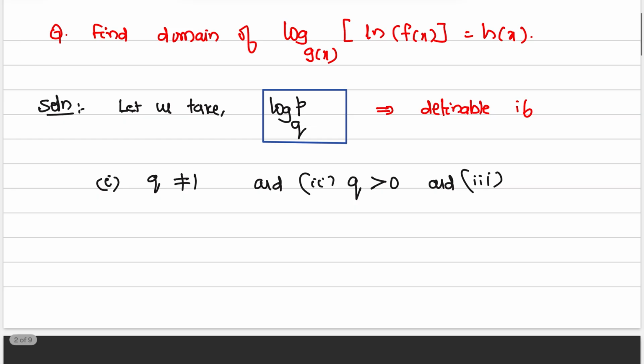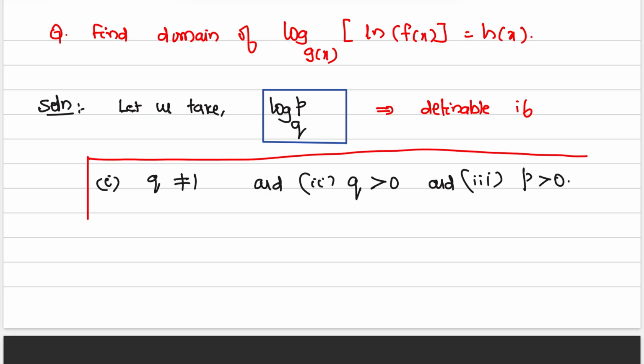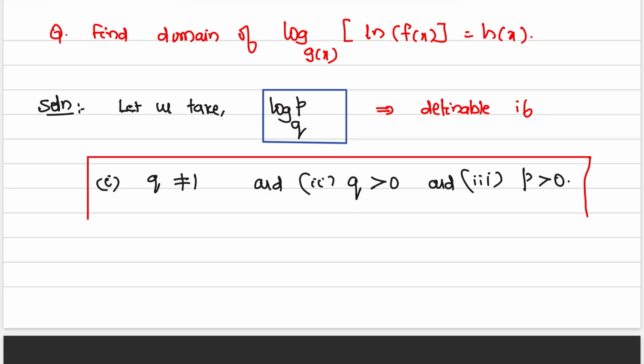That means p should be greater than 0. Please remember these. These are very important concepts. These three concepts are very important. Please remember them.